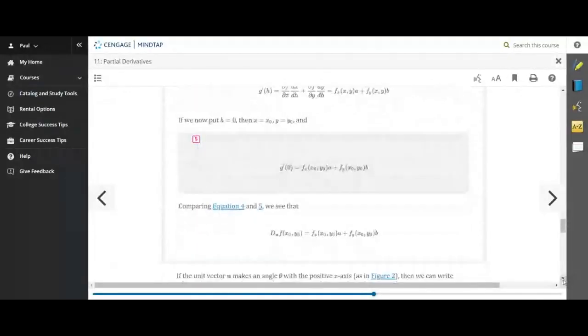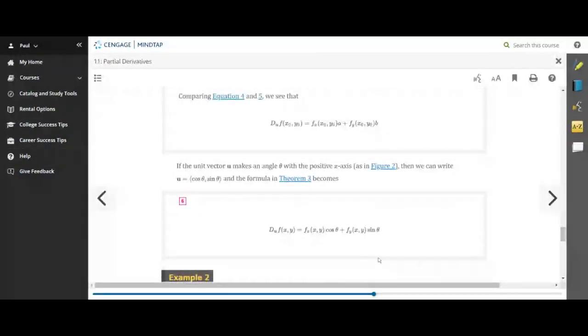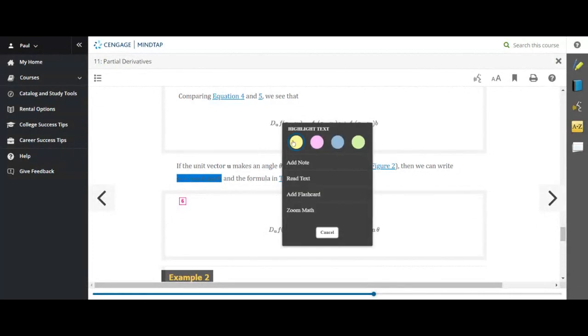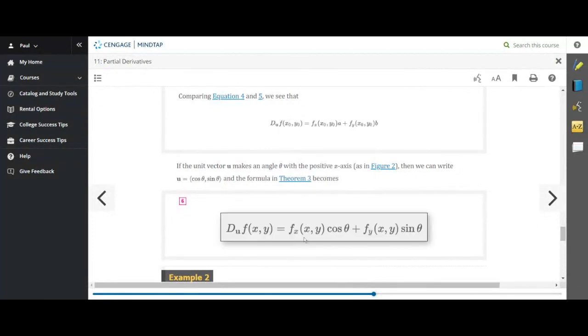So what we can do also is remember that if you have a unit vector pointing in some direction, you can represent the components of that vector by cosine of theta and sine of theta.